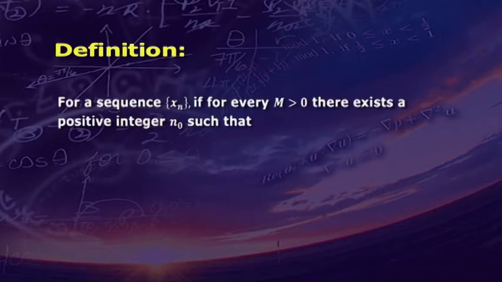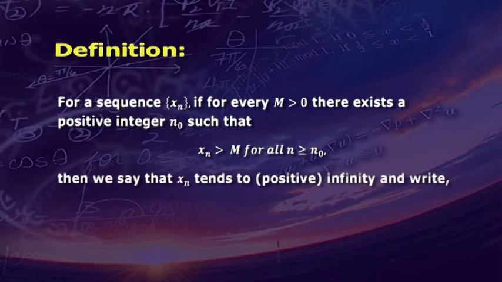Definition: for a sequence x_n, if for every M greater than 0, there exists a positive integer n naught such that x_n is greater than M for all n greater than or equal to n naught, then we say that x_n tends to positive infinity and write limit of x_n equal to plus infinity.